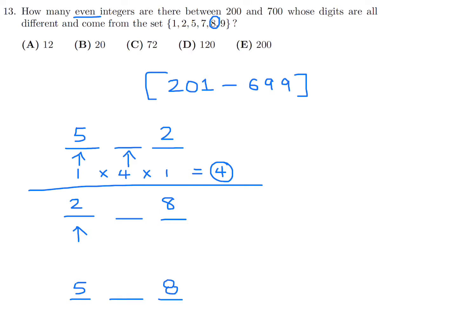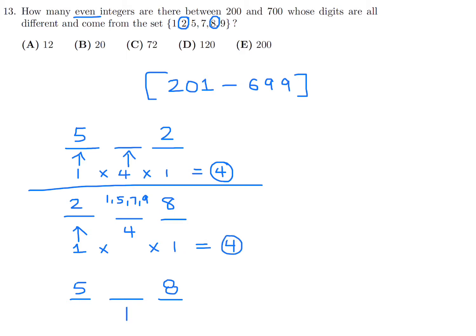So each of these, let's talk about it. If I have 2 and 8, those 2 numbers are taken. So this number can be either a 1, a 5, a 7, or a 9. So I've got 4 choices there, 1 choice for here because that was fixed as a 2, 4 choices there, and 1 choice here. 1 times 4 times 1 is 4.